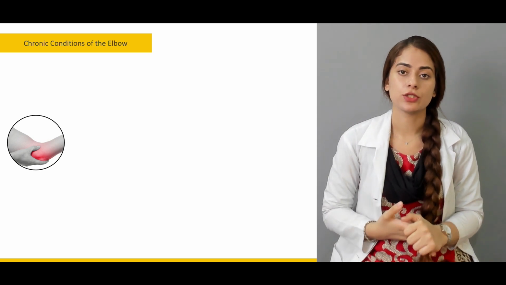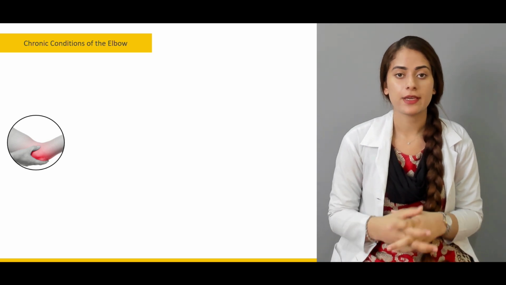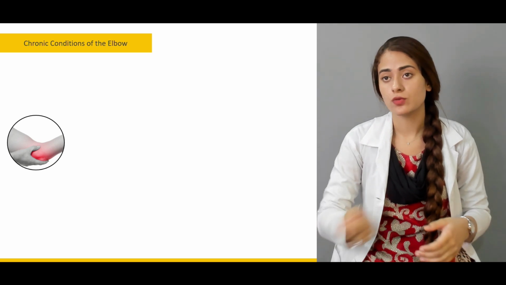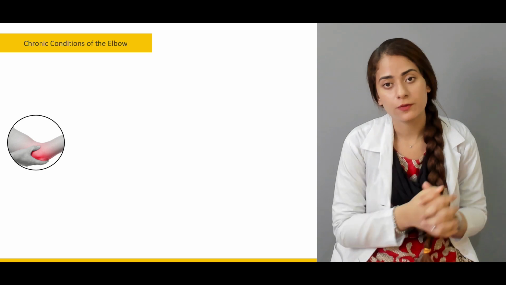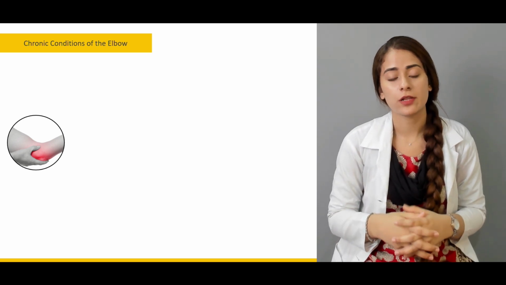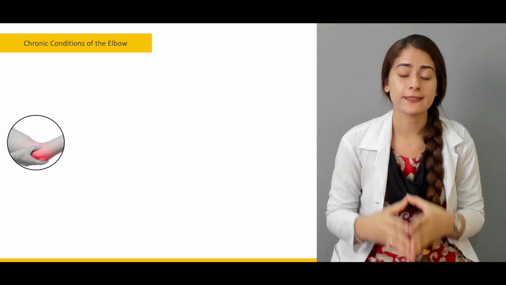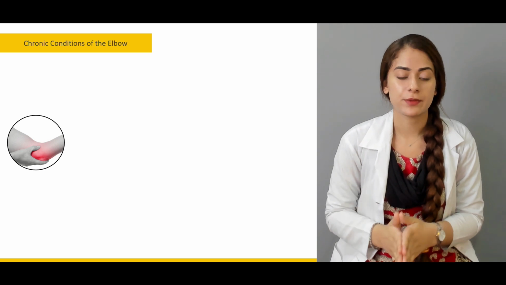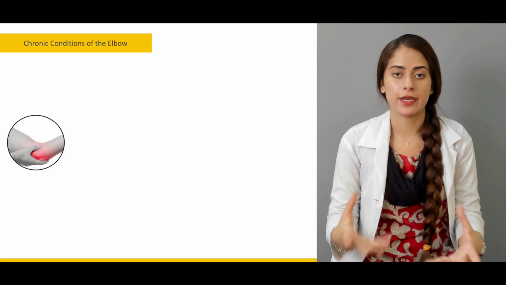It can be due to some autoimmune conditions like RA. RA is an autoimmune disease. It can be due to excessive use of muscles, for example, golfer's elbow and tennis elbow. Tennis elbow is the lateral epicondylitis, and golfer's elbow is actually medial epicondylitis. We'll see how they appear on MRI and X-rays.